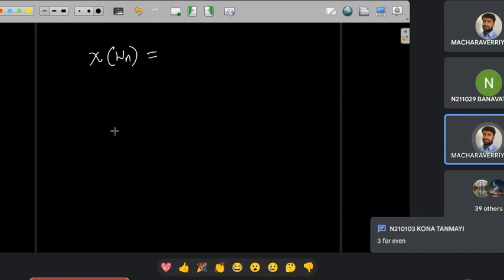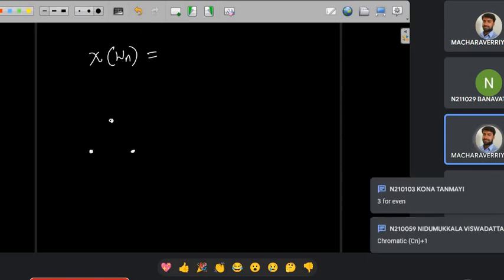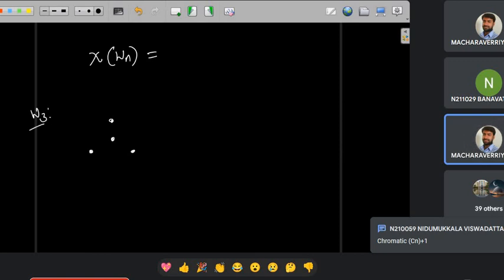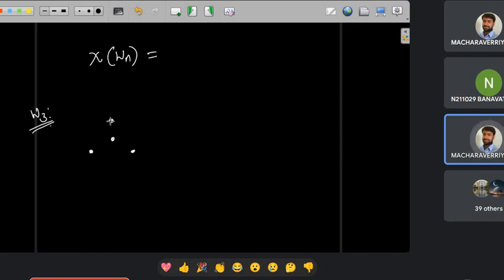Alright, now let's do one thing. Let's look at a wheel here. So this is W3, right? So now you can see the W3. Alright, so definitely what do you do here?